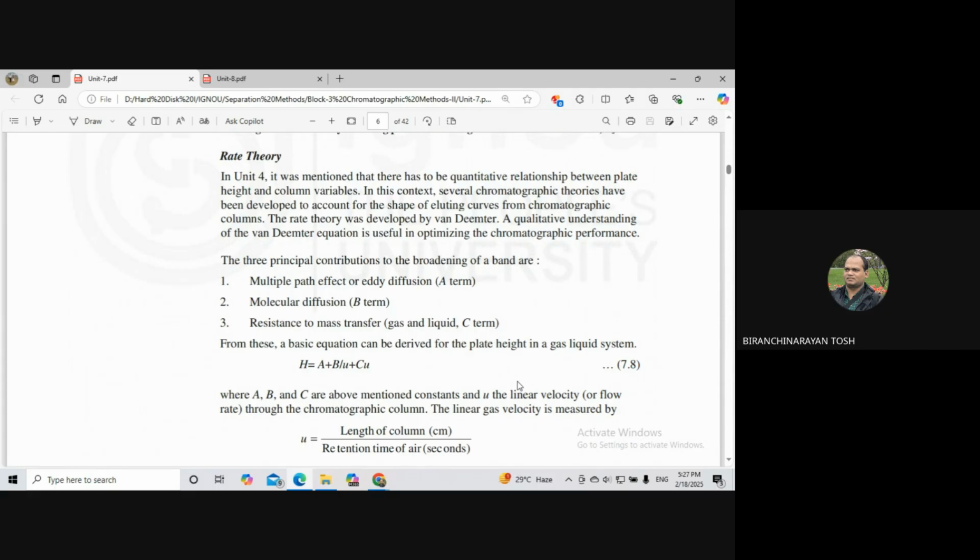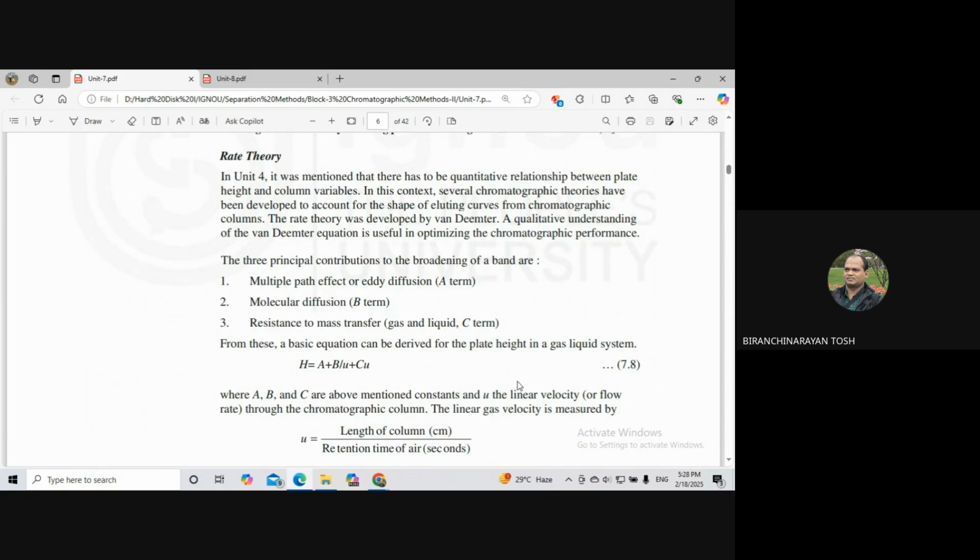The three principal contributions to the broadening of a band are multiple path effect or eddy diffusion, the A term; molecular diffusion, that is the B term; and resistance to mass transfer, gas or liquid, that is the C term.